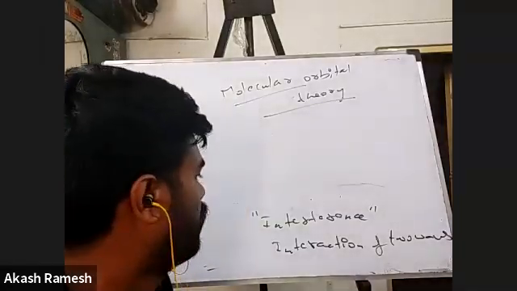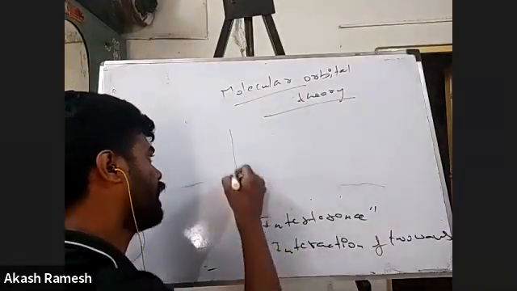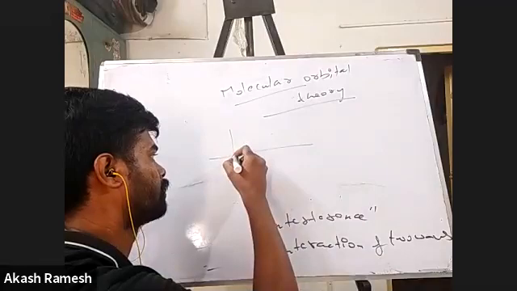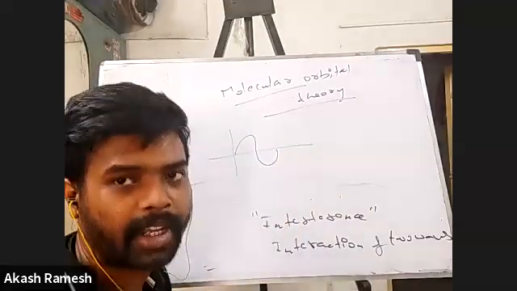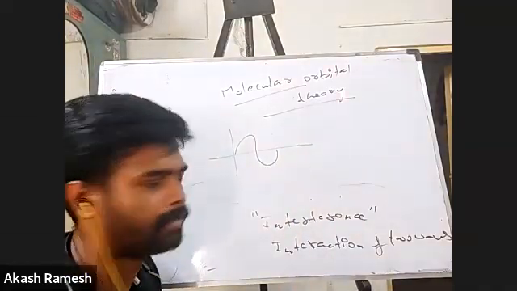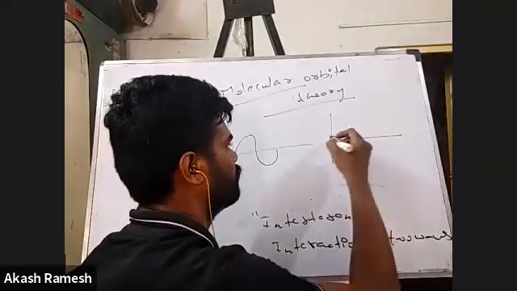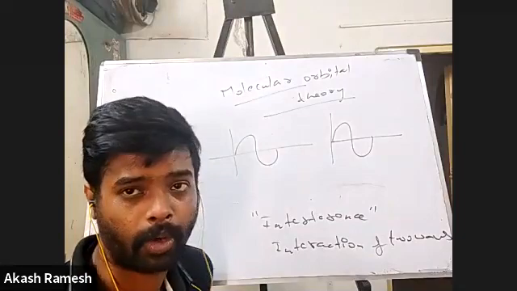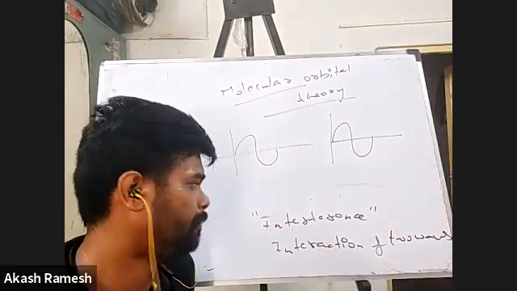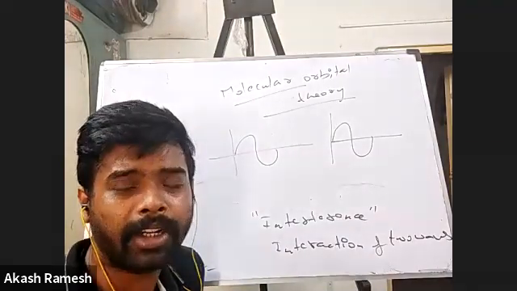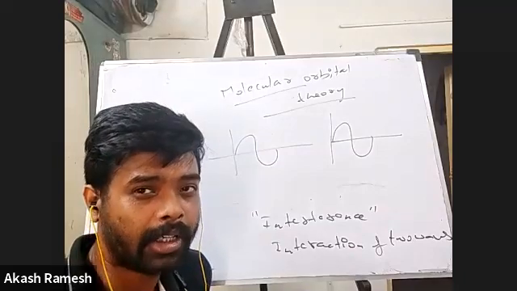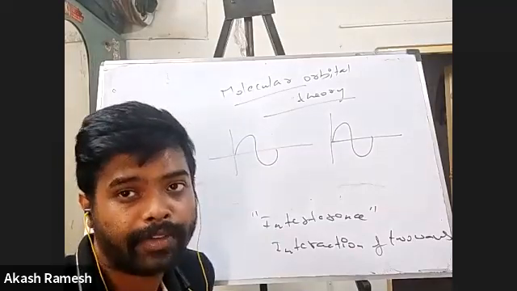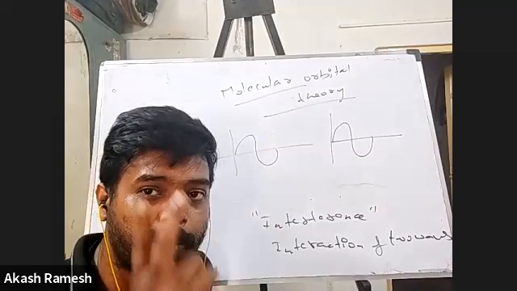Right. Fine. Assume that I have one wave like this, some sine wave. Say I have another wave. Okay. Now please understand that the way in which the two waves interact can be of two types.